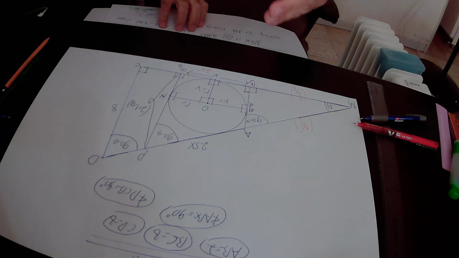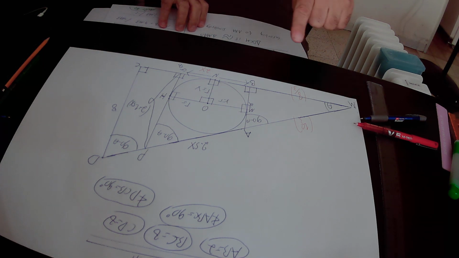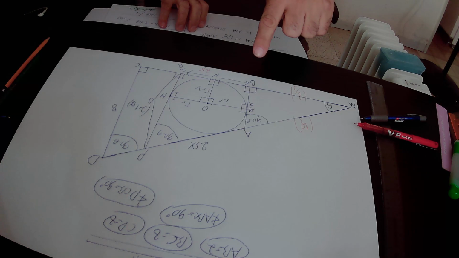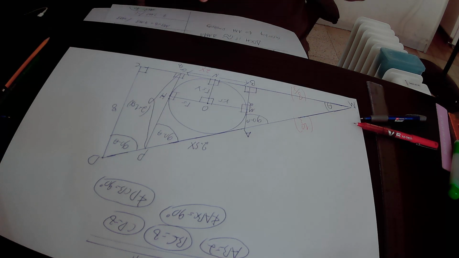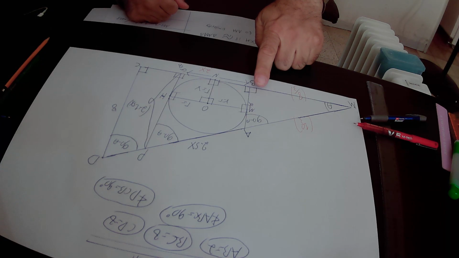So if you focus on the upper side of the straight line CM at point B, which angles do we have on the upper side of CB at point B? We have this angle that is 90 degrees plus the missing angle. In total, they must be equal to 180 degrees, according to the rule that the sum of the angles on one side of a straight line is equal to 180 degrees. Therefore, the missing angle here must be equal to 90 degrees.